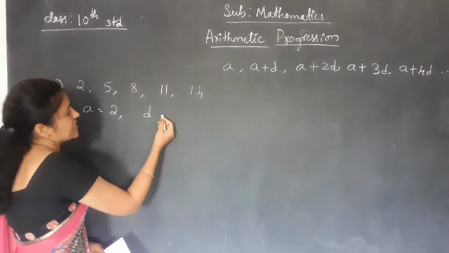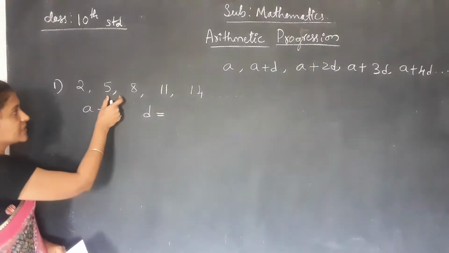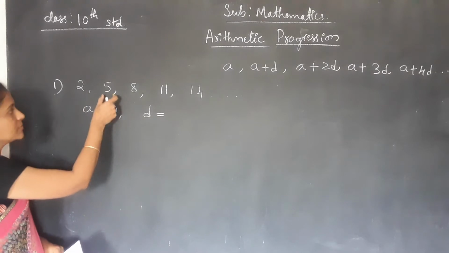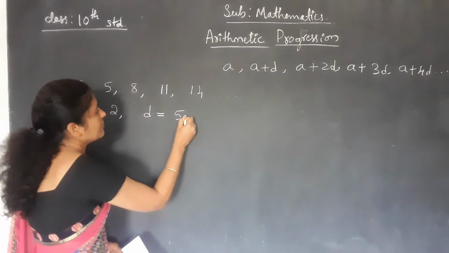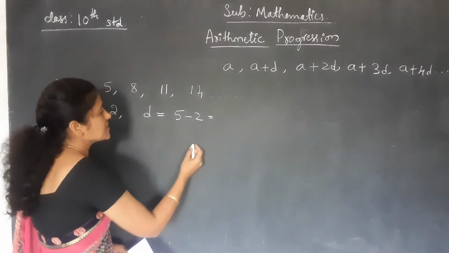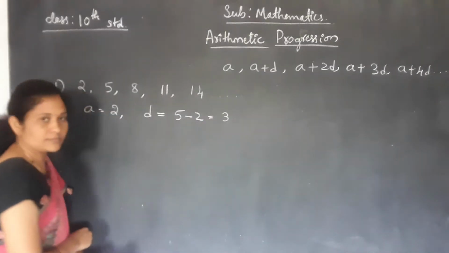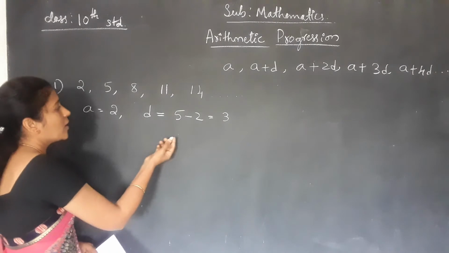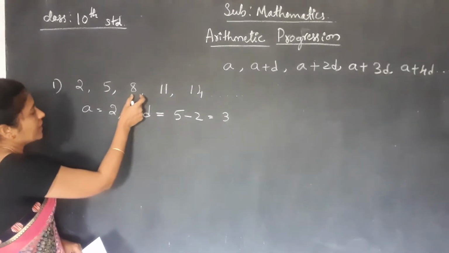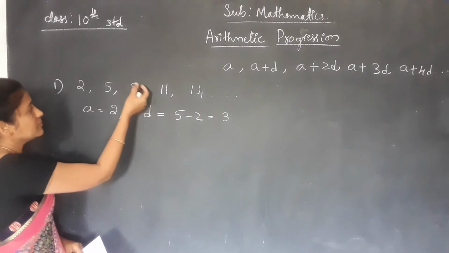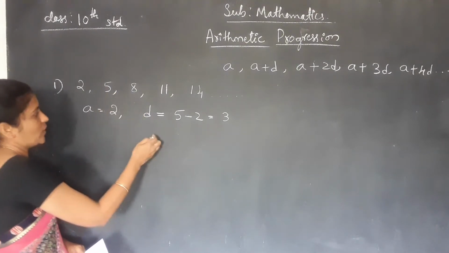Now the common difference D is the second term minus the first term. 5 minus 2, which is 3. Let me check once again whether 3 is the common difference or not. Let me subtract the second term from the third one.